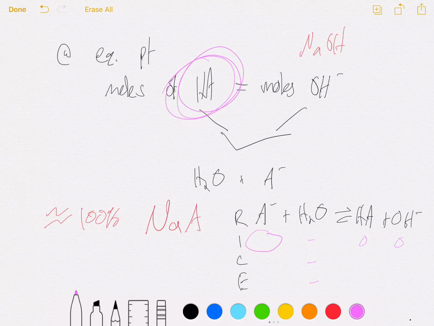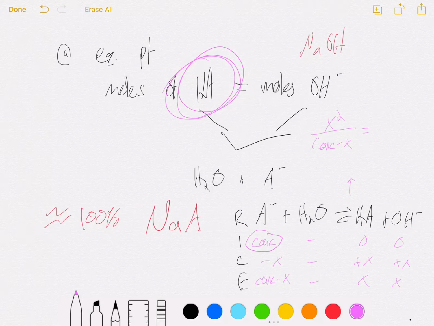And then once you have your new diluted concentration, then it's just the standard RICE table workflow, minus x, plus x, plus x. Have a placeholder value in here, concentration, that's going to be a number, conc minus x, x, x, and then you set this up as an equilibrium constant expression, x squared over that concentration minus x.